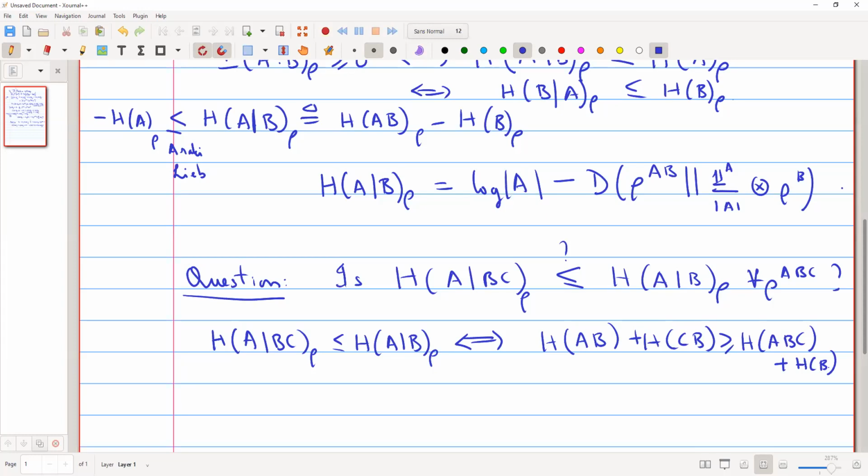You can open it out and see that these two are equivalent. A simple exercise, to be verified at home. So this is not looking like subadditivity of entropy, and it is also not looking like mutual information, but from our classical experience, we know this is equivalent to the following thing.